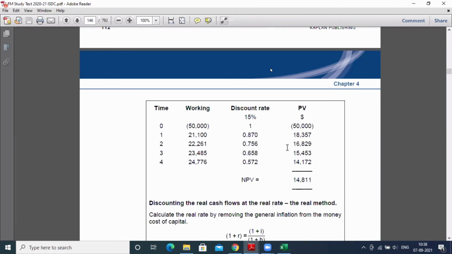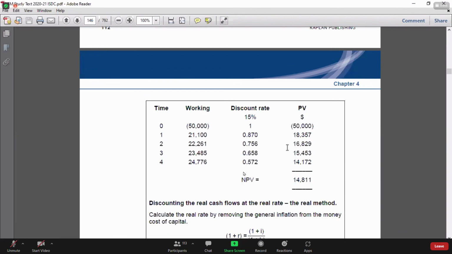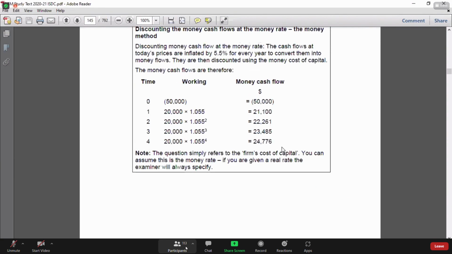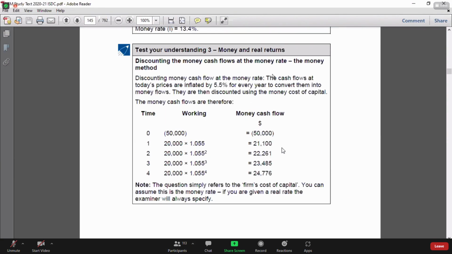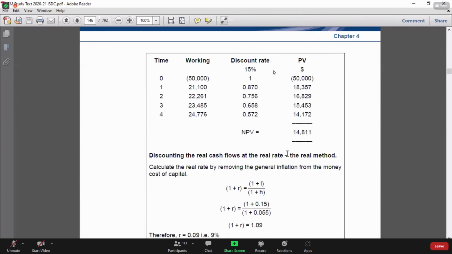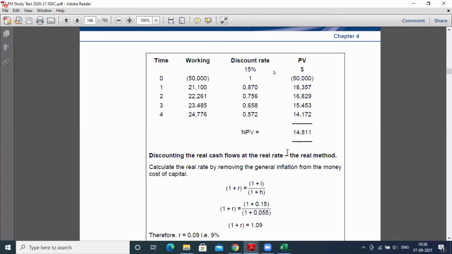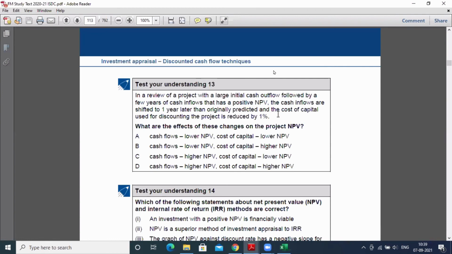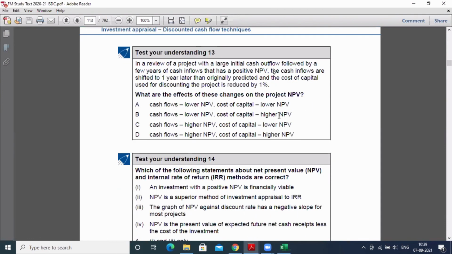In calculate the payback period for the 113. Yeah, 130. Okay. Now page number 113, sir. PDF page 113. Okay.